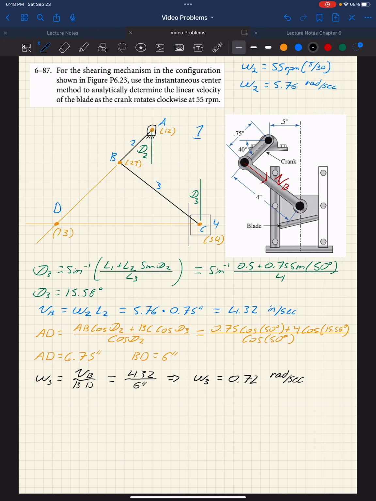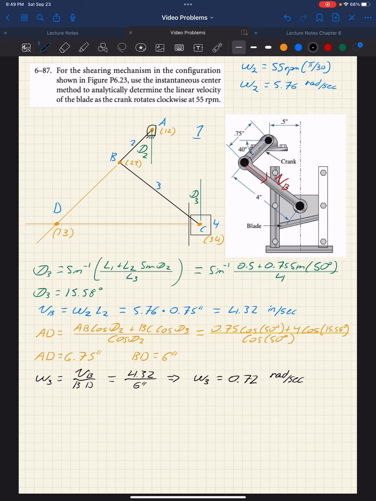Okay, so now we have the rotation, omega 3, as it's seen about its instantaneous center, 1-3.